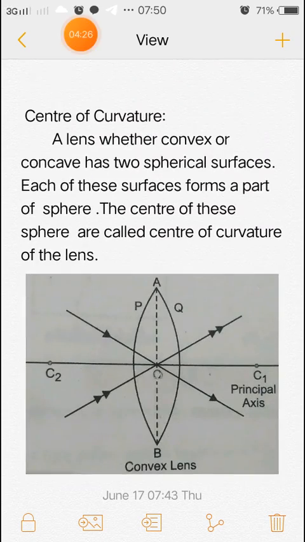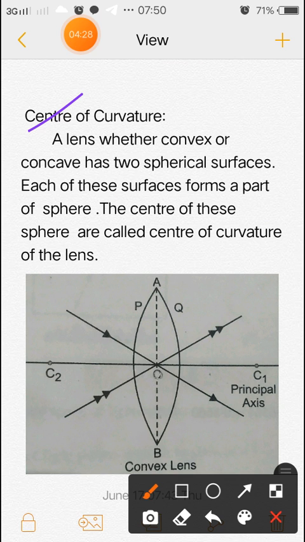This is the definition of center of curvature. A lens, whether convex or concave, has two spherical surfaces. Each of these surfaces forms a part of a sphere. The center of this sphere is called the center of curvature.